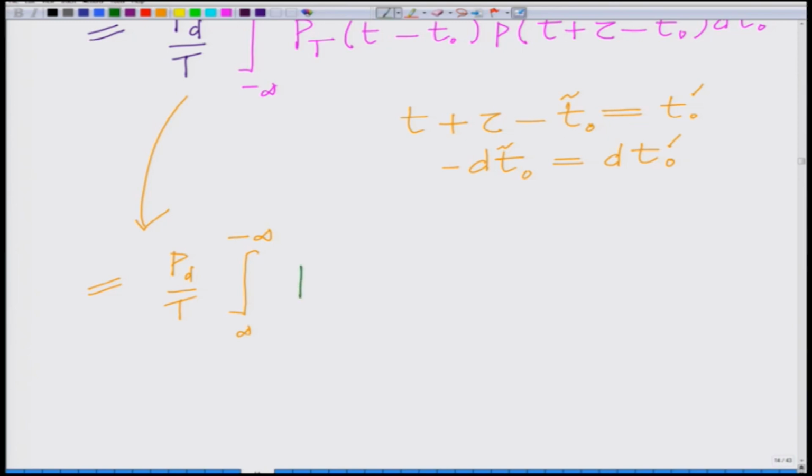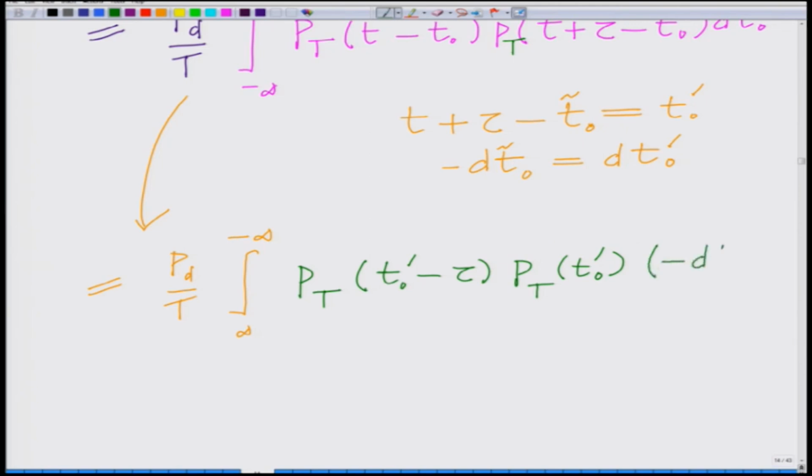Then P t minus T naught tilde equals T naught prime minus tau, times P t plus tau minus T naught tilde, that is T naught prime, times dt naught tilde, which is minus dt naught prime.